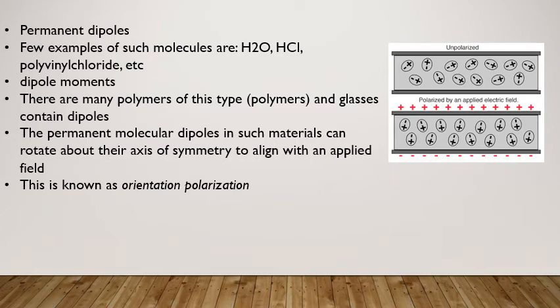This is known as orientation polarization. So polarization which takes place in permanent dipoles by application of an electric field is called orientation polarization. The molecule is already polarized, only it changes its orientation, its alignment.